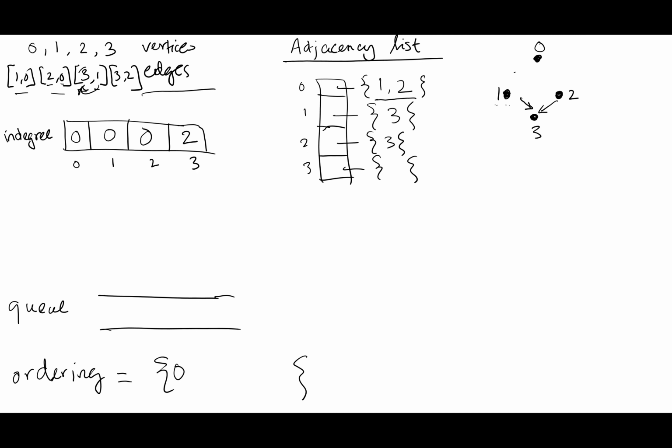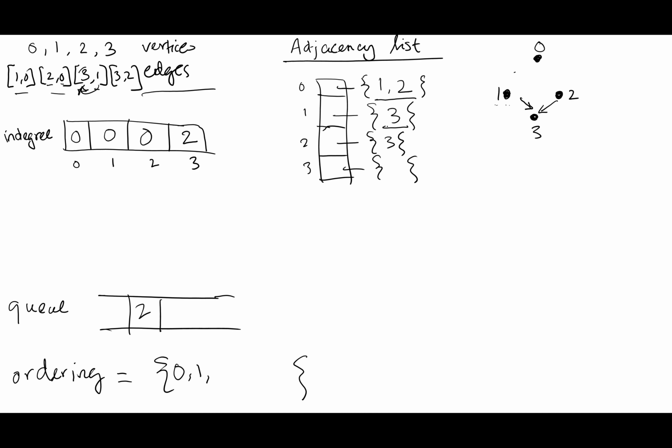As soon as a course has no more dependency, meaning the in-degree becomes 0, we put it in the queue. We don't put all the neighbors in the queue. The neighbors that have an updated in-degree of 0 go into the queue. Next I take 1 out and put it in the ordering. Now I look at the neighbors of 1.